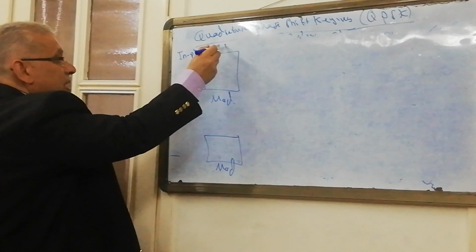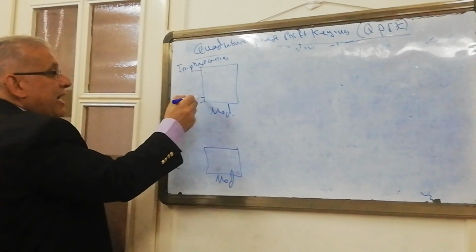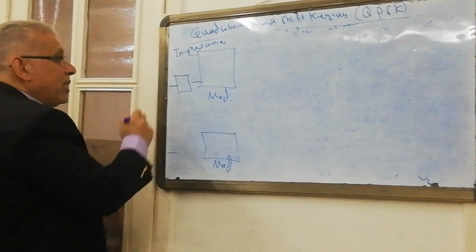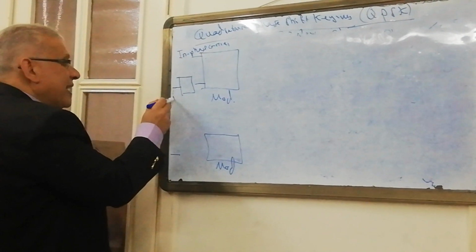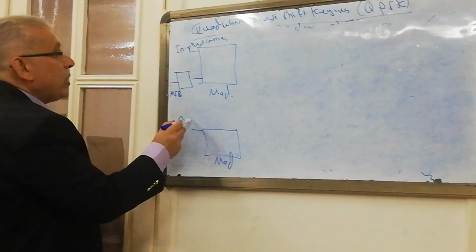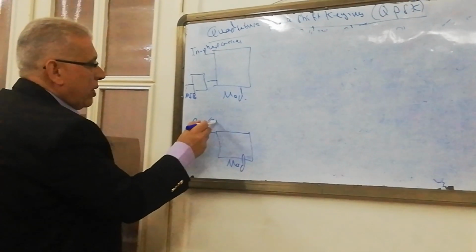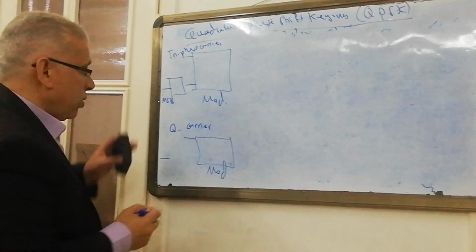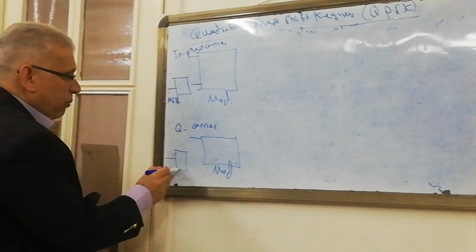Carrier, this is the carrier input, and this is the data input. Here unipolar to bipolar converter again, but here we will talk about the most significant bit. Here again we have the Q carrier, quadrature carrier input, and 90 degree phase shift with respect to the in phase one, and here also unipolar to bipolar converter.